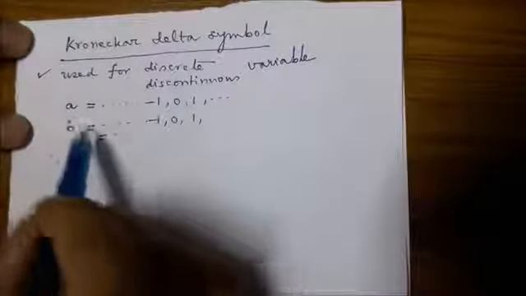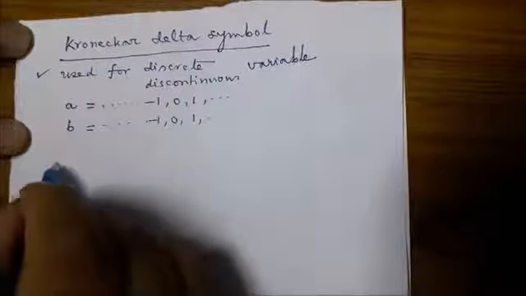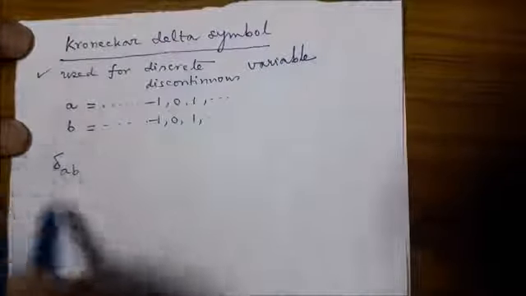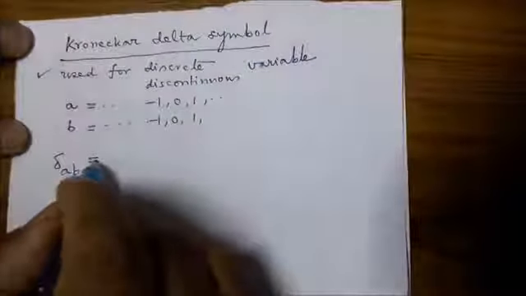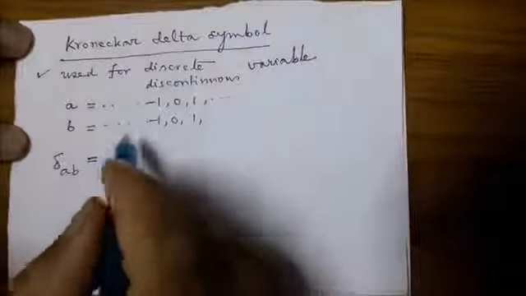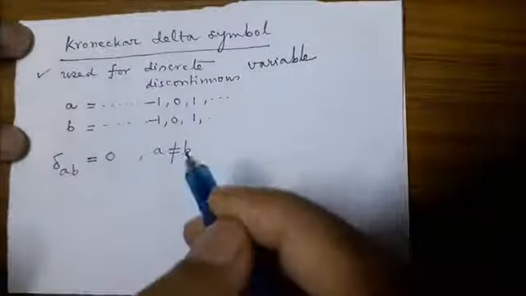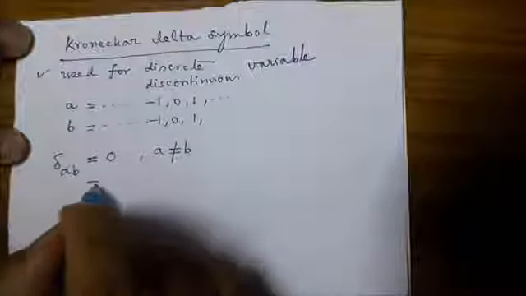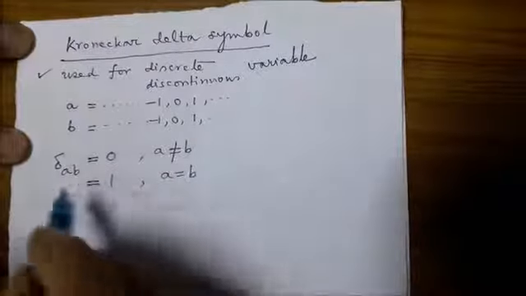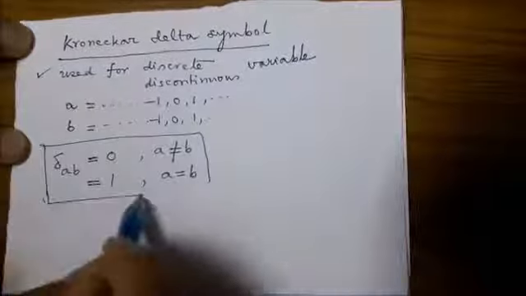Now if this is so, then we can define Kronecker delta symbol as delta AB. So this is the symbol of Kronecker delta. Now it will be 0 if A and B are not equal, and it will be equal to 1 if A and B are equal. So this is the definition of Kronecker delta symbol.